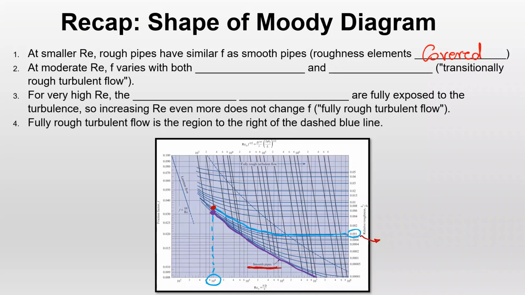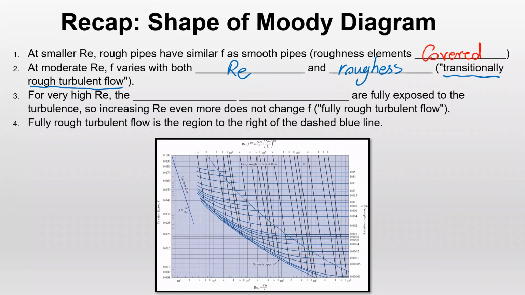Next, now we know that at moderate Reynolds numbers, F varies with both Reynolds number and roughness. And this moderate Reynolds number is called transitionally rough turbulent flow. So it's a subdivision of turbulent flow. Let me actually clean the Moody diagram to show you what it means.